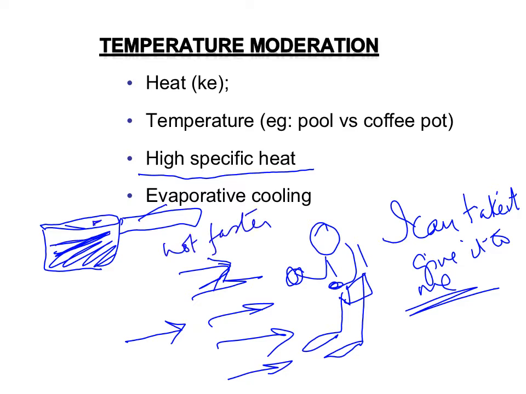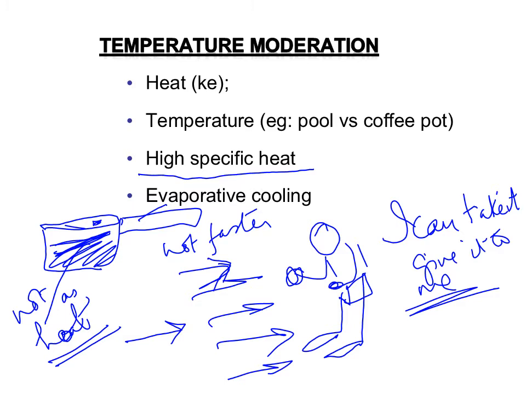The water, when you touch it, will not get as hot, because it has a very high specific heat, and the metal container in which you keep it has a much lower specific heat as compared to water, meaning it takes more heat to warm water up.